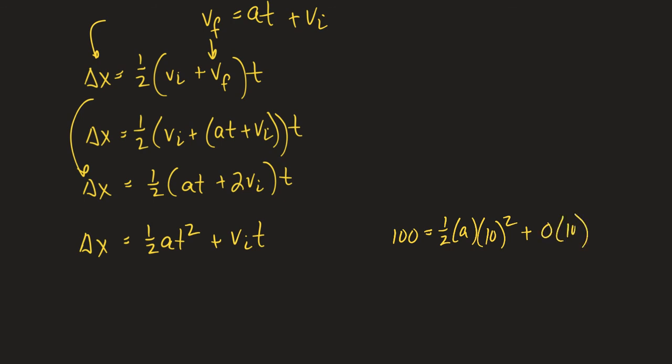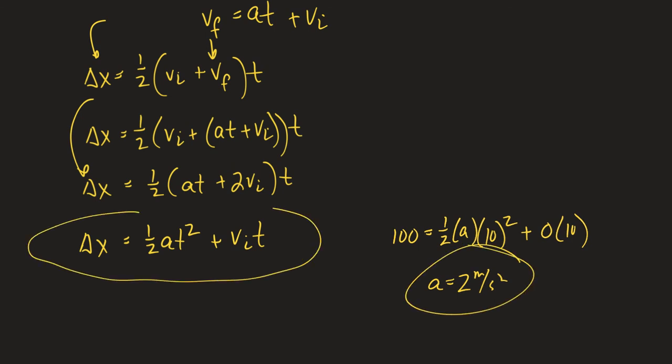This would be using the initial information we were given to solve for the acceleration directly. 10 squared is 100, half of 100 is 50, a would have been 2. But more importantly, this created a new function that has all of our motion variables in it, except for final velocity. And you're noticing, I'm starting to write these up here.